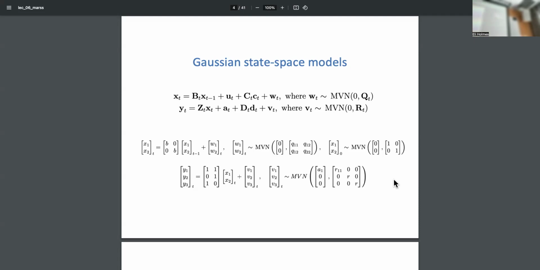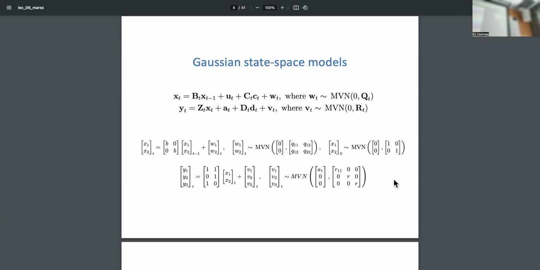For our y's, this would say that there are 3 different observations. They are observing the x's, but if we do the math in our head and do that rotation here, it's saying that y1, this observation, is a sum of x1 and x2 plus some error.